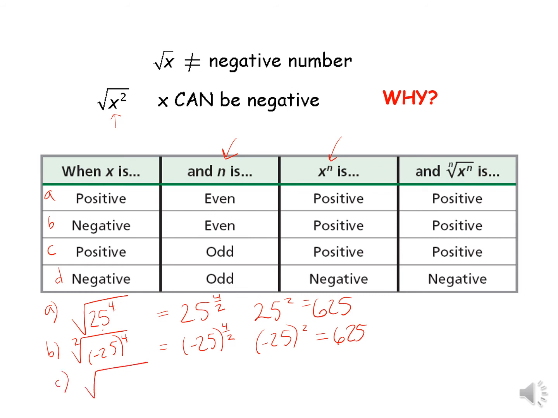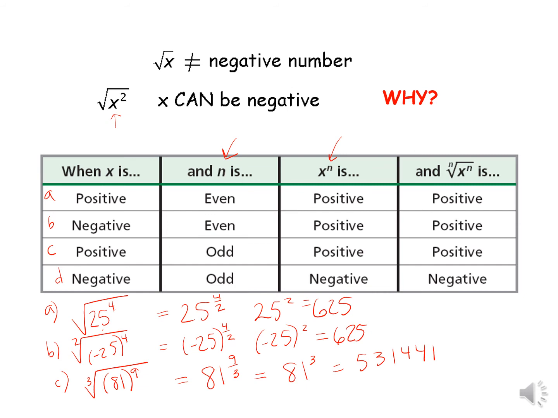And C, I did the cube root because they want n to be odd, and I did 81 because it's a positive number, and I'm going to do another odd number. So that equals 81 to the 9 over 3 equals 81 to the third, which is another odd number, 531,441.